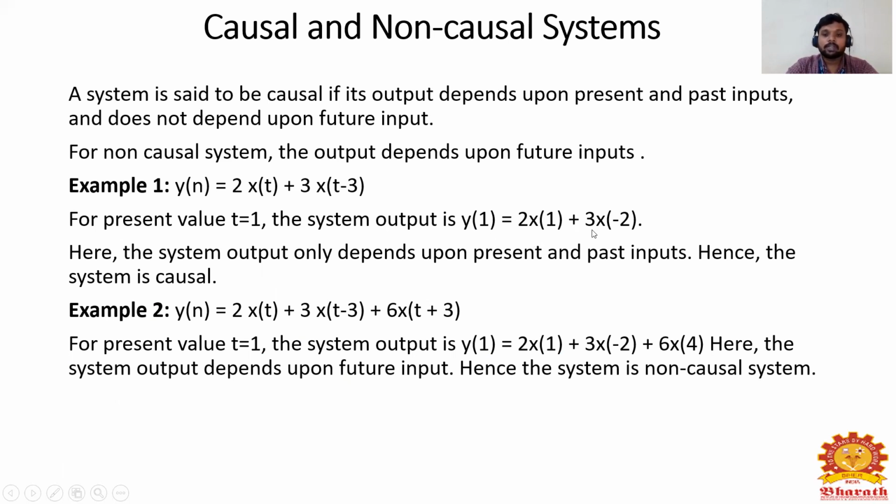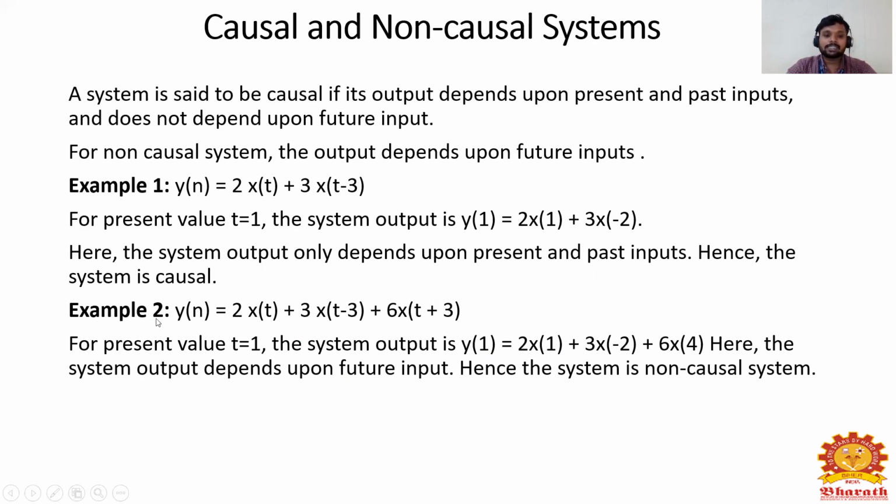But for that 1, the output we got is x of 1 and x of minus 2. 1 is the present input and minus 2 is the past input. So the system output only depends upon the present and past input. If the output depends upon the present and past input, then the system is called causal.